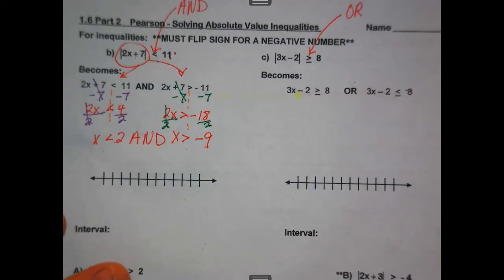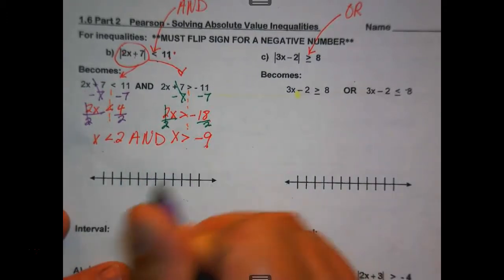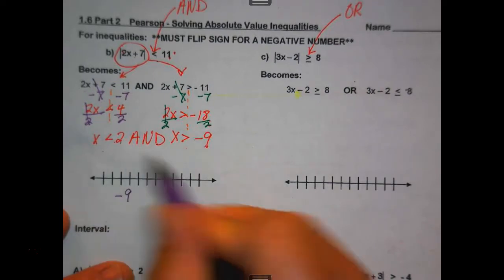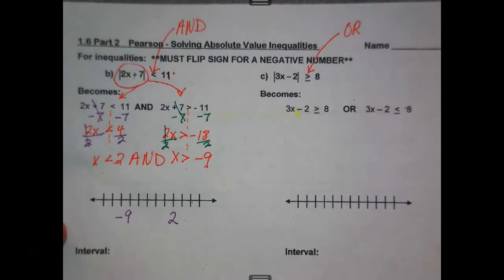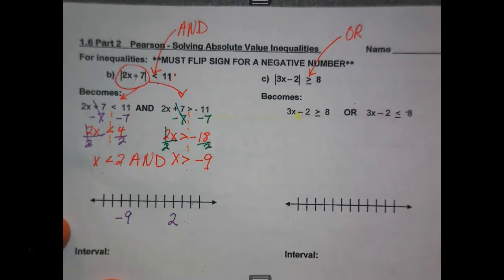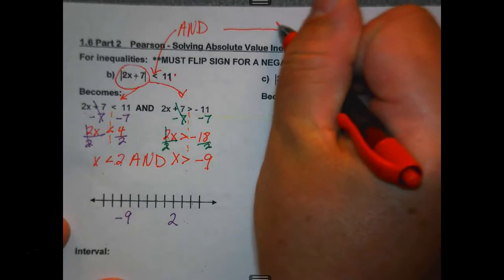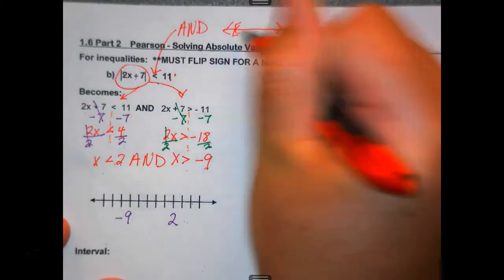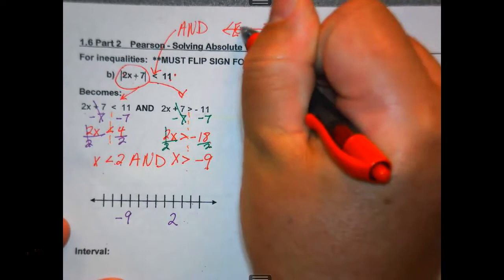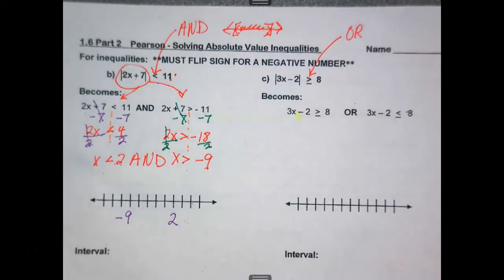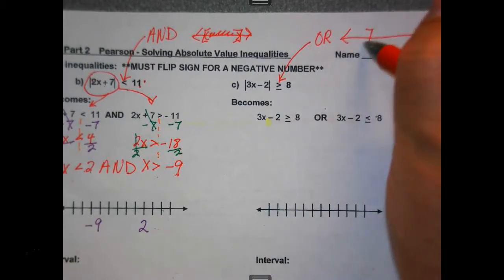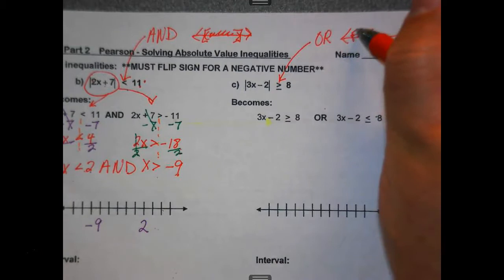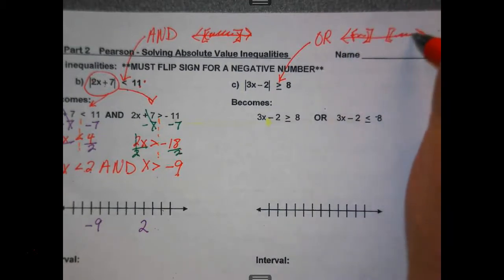All right, so I need to put the smallest number on this side, the larger number over here, and the graphs. What kind of graphs? They're in between, right? Bracket, parenthesis, and they're in betweens. Ors are what? 90% of the time bracket, parenthesis, towards the negative infinities or positive infinities, right?